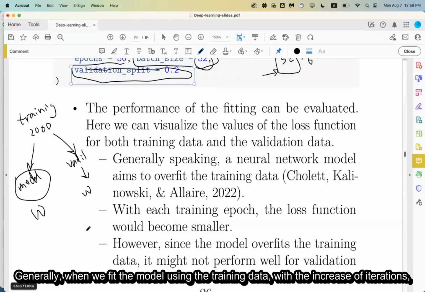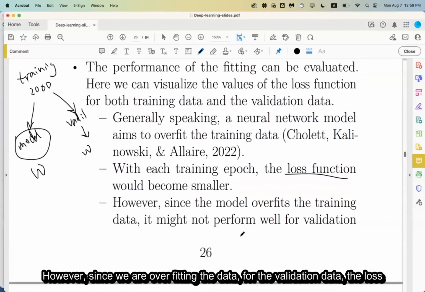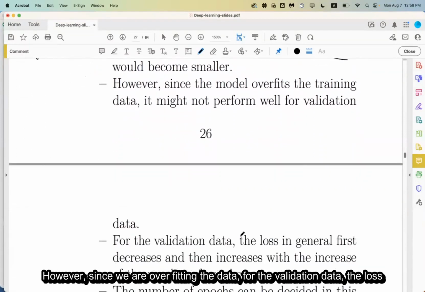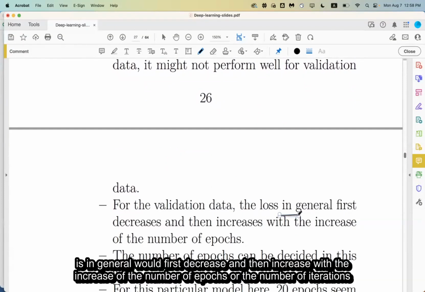In general, when we fit the model using the training data, with the increase of iterations the loss function will always become smaller, which means we can predict the training data better and better. However, since we are overfitting the data, for the validation data the loss will in general first decrease and then increase with the increase of the number of epochs, also the number of iterations.